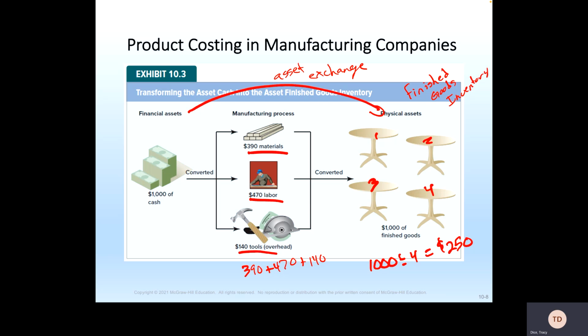So if we pay for the materials and the labor and the overhead in December of 2020, and we don't sell these tables, we have them in inventory until June of 2021. That means we do not count these expenses until June of 2021. Even if we've paid them, at this point, they are in our inventory asset costs. So then when we finally sell them in 2021, then we put them into our cost of goods sold.